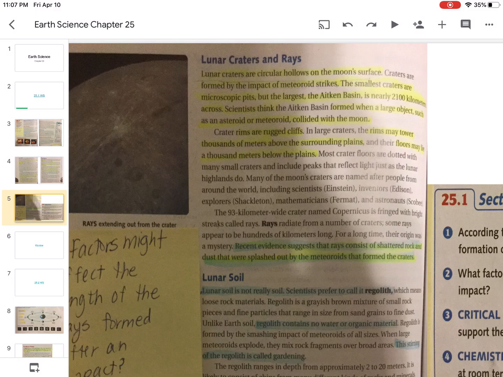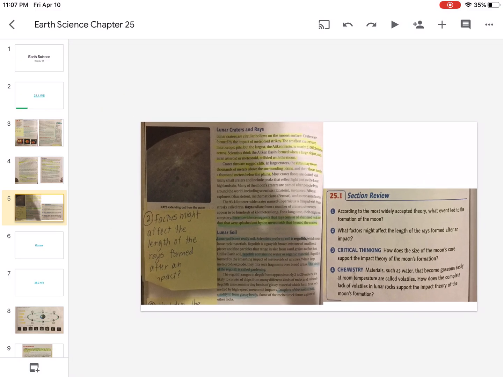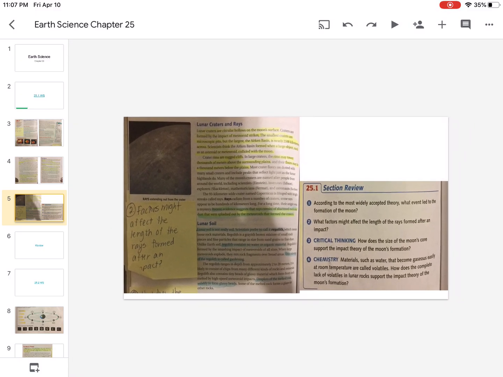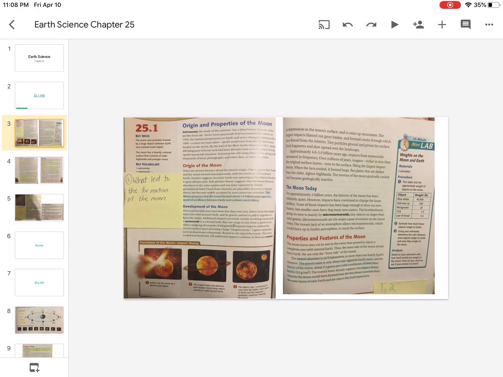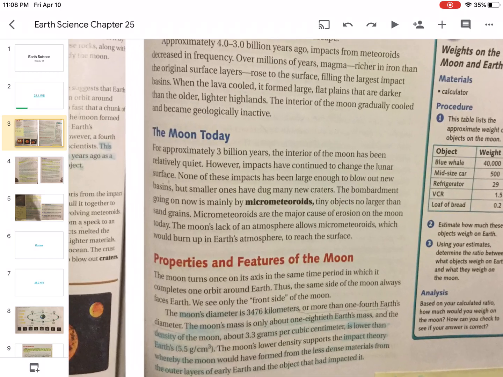Now, number 1, after you read, it says, compare the moon to Earth in terms of density, mass, diameter, and gravitational pull. Let's open this up.